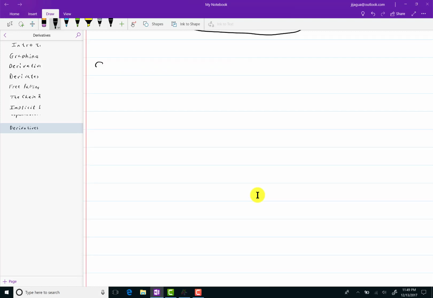Another example. y equals tan inverse of cos inverse of x. So the derivative, dy over dx.